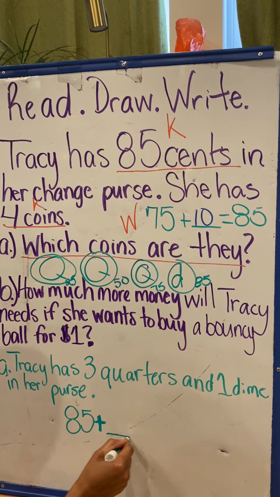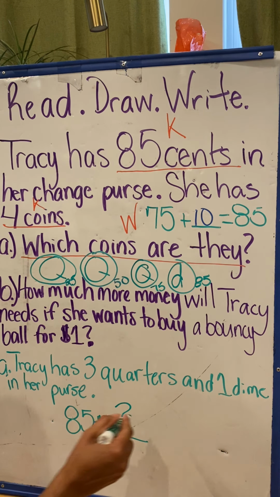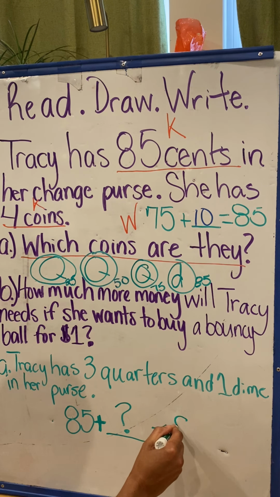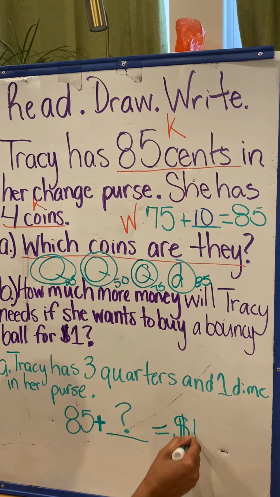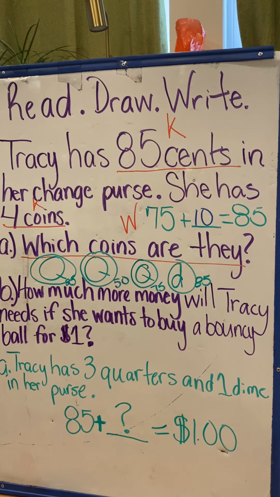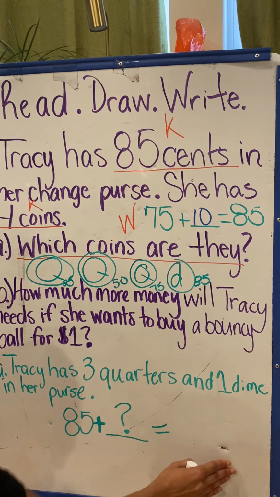I don't know how many or the value, but I know that we want it to equal $1 because that's how much the bouncy ball costs. So essentially, we can put 100 cents. So we can say 85 plus blank equals 100.